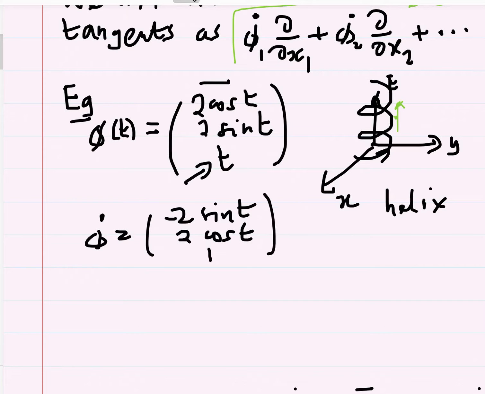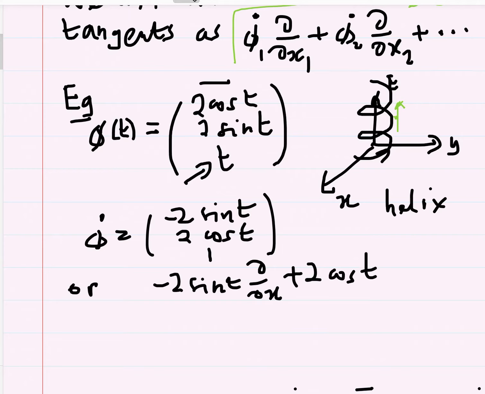So that's the tangents at various values of t. Or we just said that the tangents will be written as minus 2 sine t d by dx, plus 2 cosine t d by dy, plus 1 times d by dz.